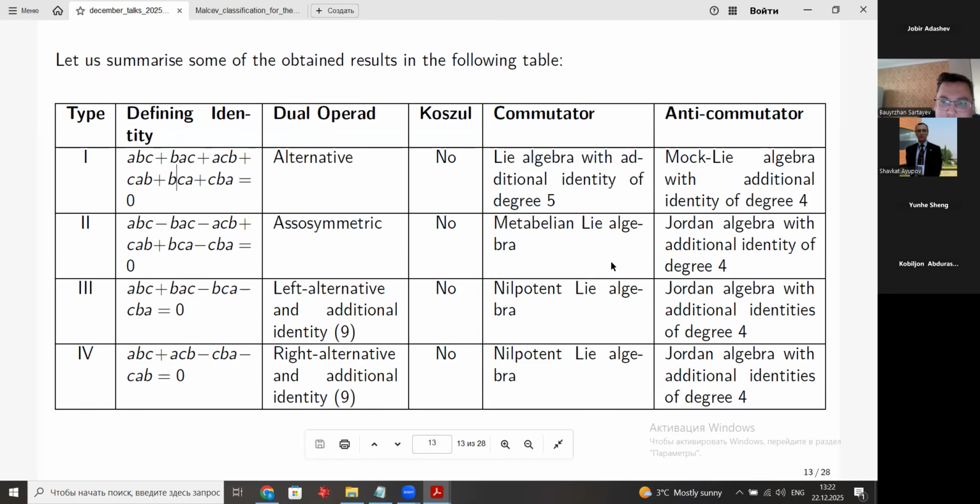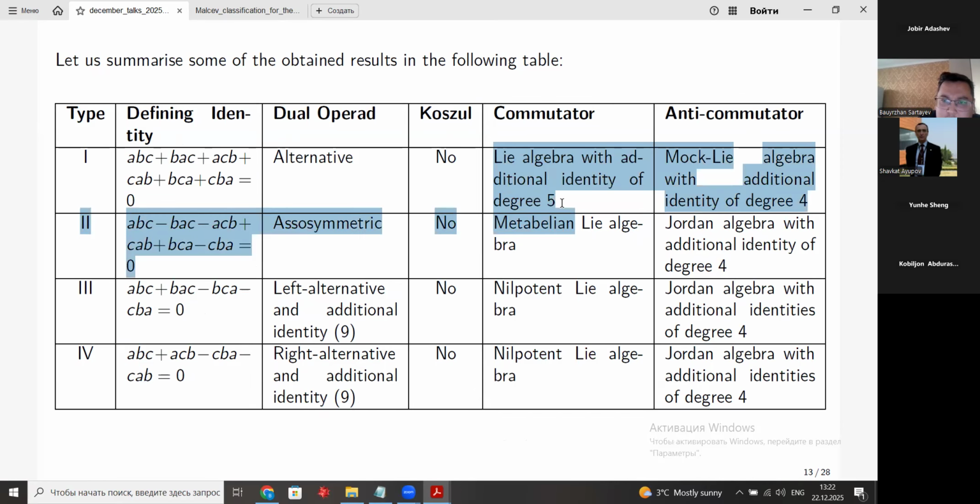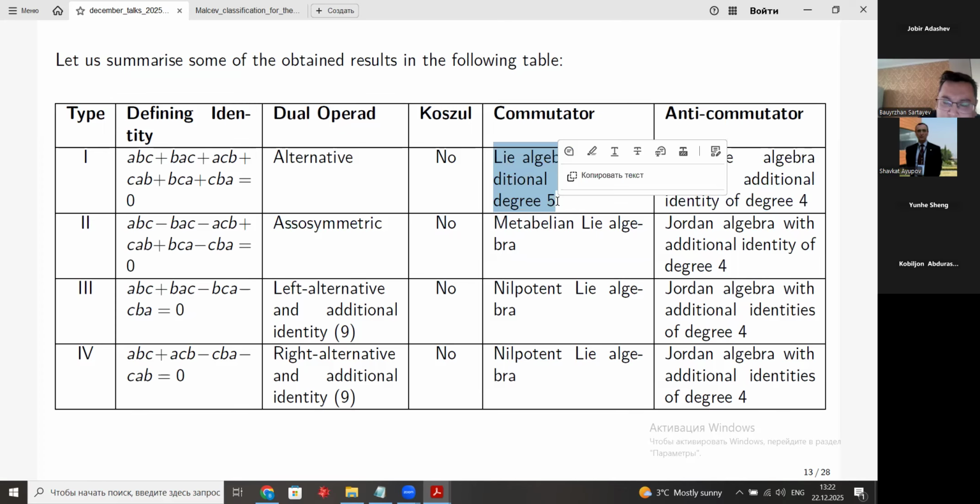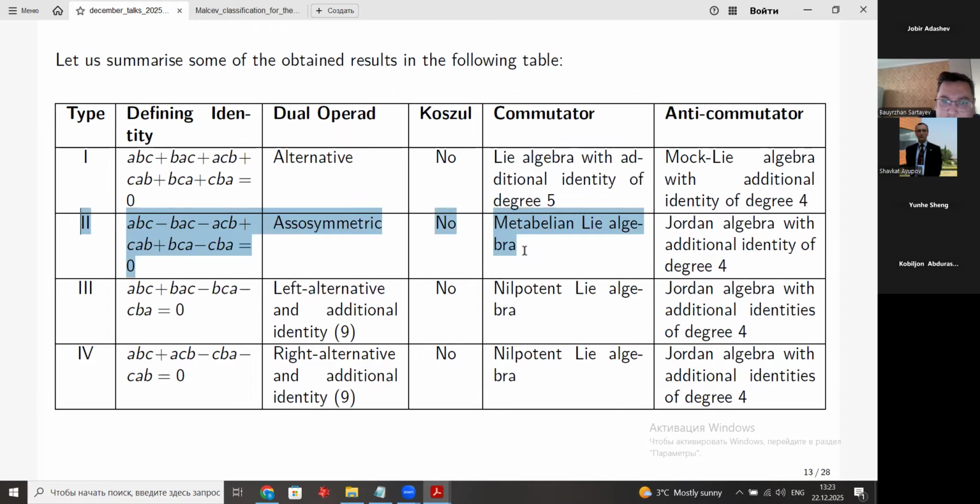And under commutator, here we obtain a Lie algebra with an additional identity of degree 5, 6. Here is a metabelian algebra, here a nilpotent algebra of index 4, a nilpotent algebra of index 4. Actually, this algebra is also Lie, with nilpotent index 6. So only in the second case do we obtain a non-nilpotent Lie algebra.